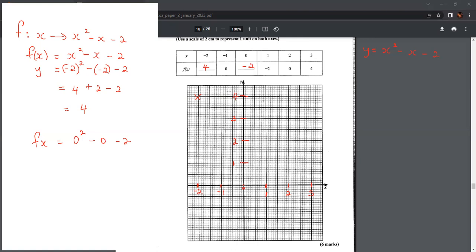Look at the next one. Negative 1, when x is negative 1, y is 0. Sorry, yeah, y is 0. So that's going to be this point here. So you're plotting the curve. I use x's. Some persons use dots. But if you use dots, you circle it.